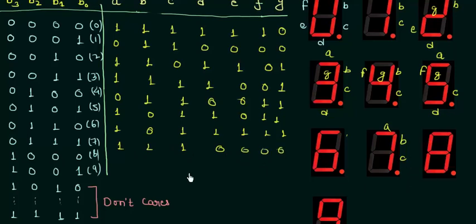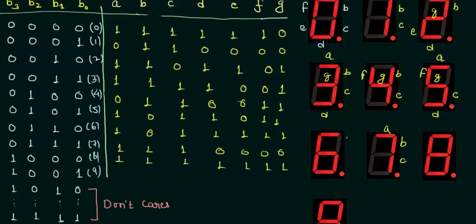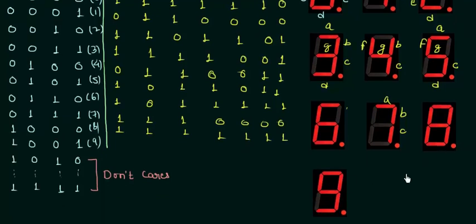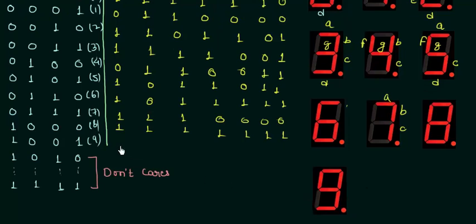For 8, definitely every segment is high. And for 9, only E is low and every other segment is high: A, B, C, D high, E low, F, G high.